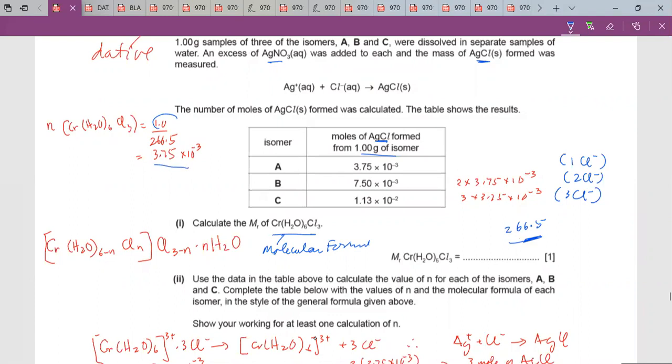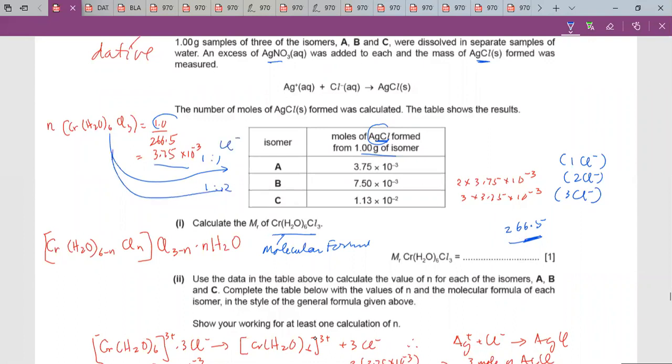Which means in the first one here, 1 mole of this gives you 1 mole of silver chloride, because it is 1 to 1. Here, 1 mole of this gives you 2 moles of silver chloride, which is your Cl minus.